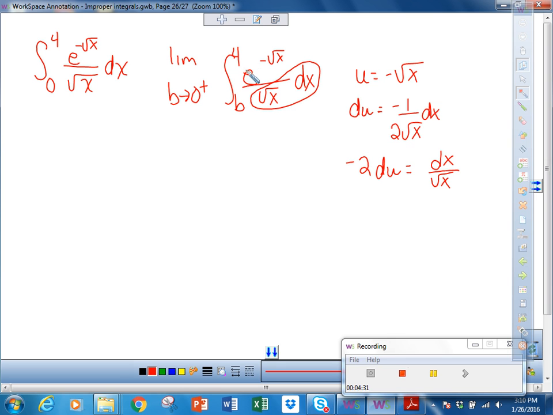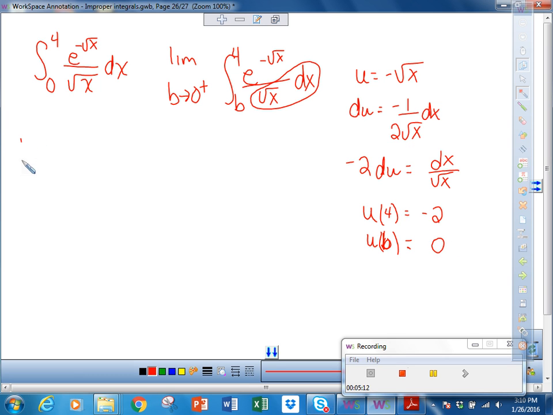Now, because I have a definite integral, I have to change my limits of integration. So u of 4 is -2. U of b, since it's the limit as b approaches 0, that still would be 0.